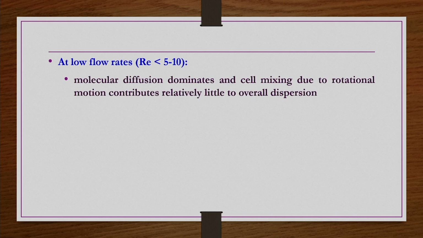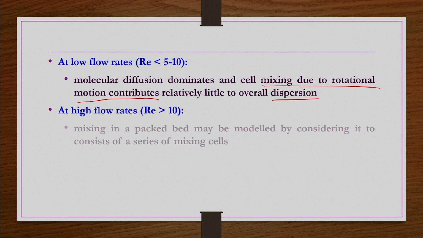At low Reynolds number, molecular diffusion dominates, and the contribution of the bulk flow is very less. Obviously, under such conditions, if the flow rate is small, that is the small Reynolds number region, molecular diffusion would be dominating, and cell mixing due to the rotational motion contributes very little to the overall dispersion.